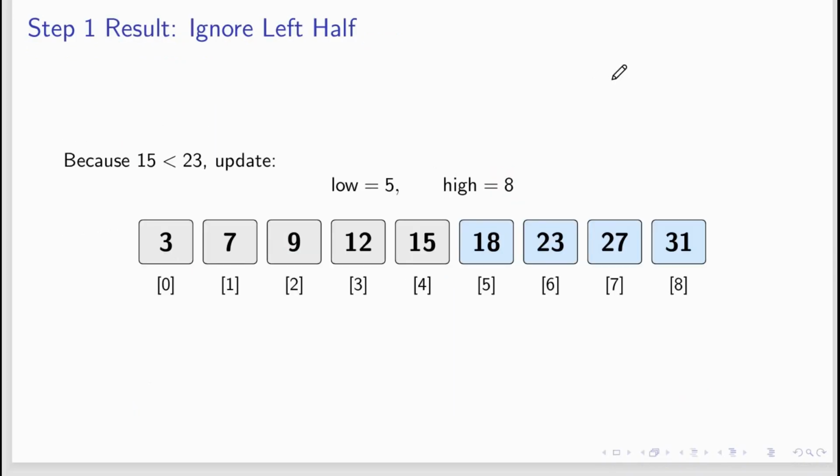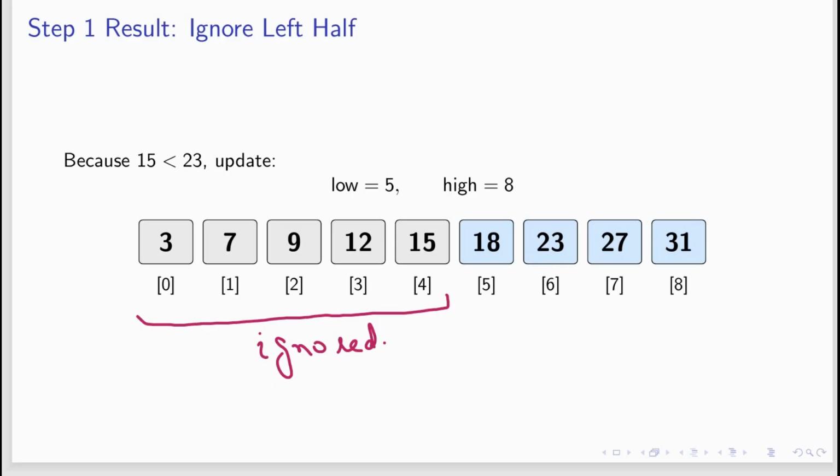Now, I know that my key will exist on the right side, so I will ignore all these elements. This array will be ignored. And low will be changed.